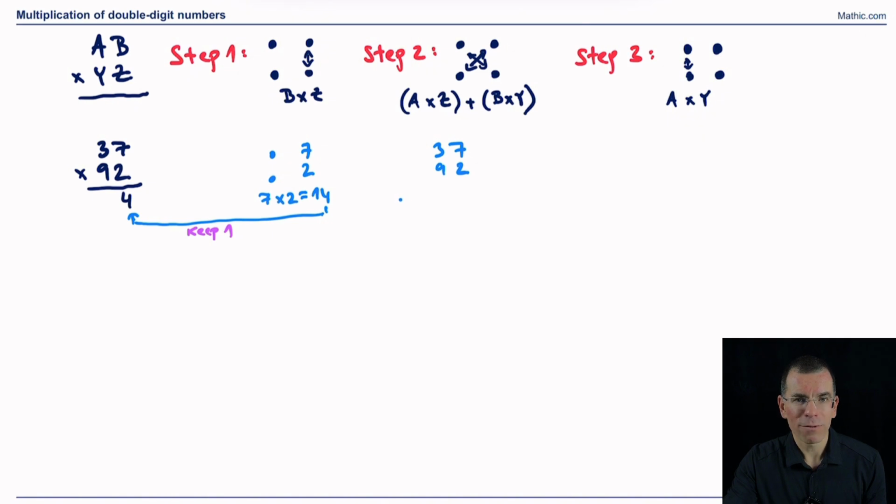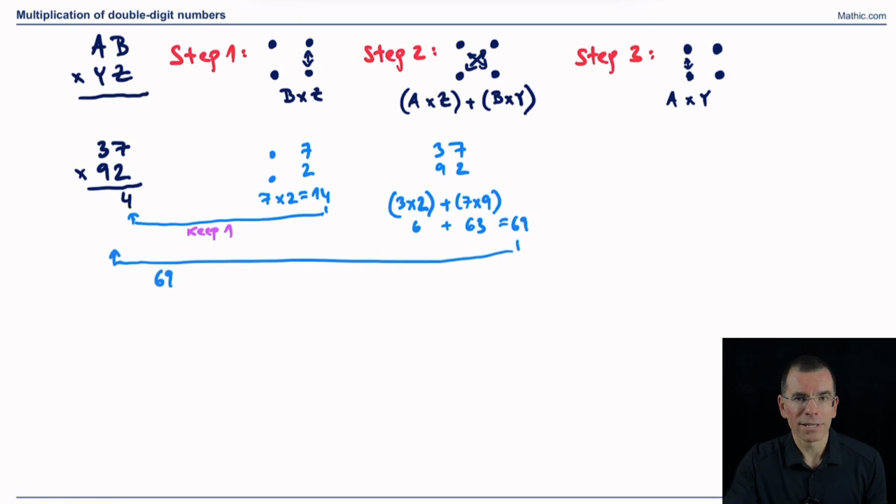In step 2, we multiply digits in cross and we sum the results. In our case, we multiply 3 times 2 and 7 times 9. The results will be 6 plus 63. The sum is thus 69. We need to add number 1, the number that we kept in mind from step 1. Thus, our result is 70. We can write number 0 as the second last digit into our final result, while keeping number 7 in mind.